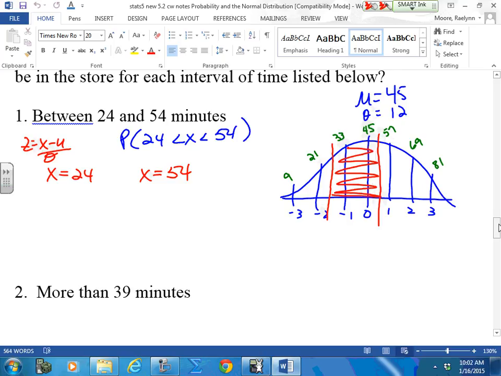On the 24, is the z-score positive or negative? Negative. So I have to subtract my smaller minus my larger. And I can't tell you how many kids always go for the positive. So use that to help you. Divide by your standard deviation. Oops, this should say z. So now my z-score says subtract, divide by 12, and your z-score is negative 1.75.